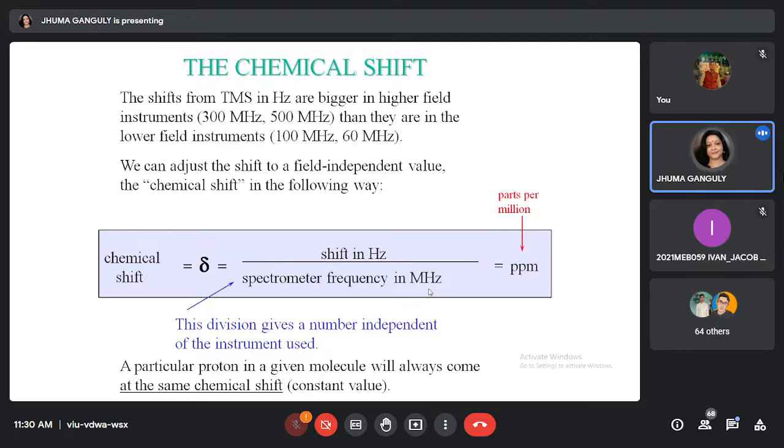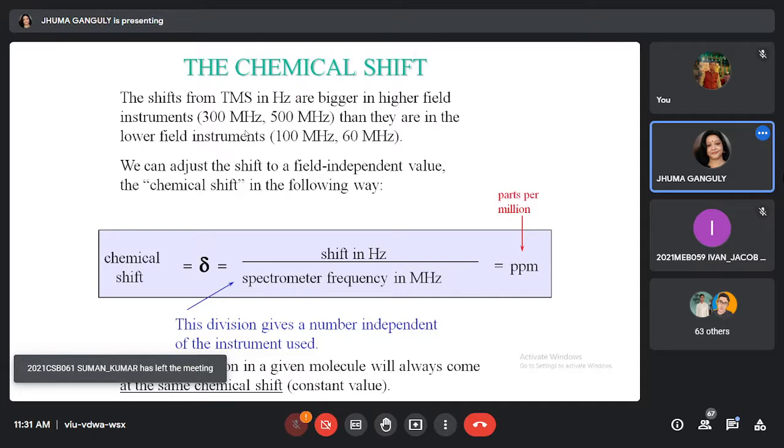I already mentioned instruments of 300 megahertz and 500 megahertz; the others are lower field instruments. Why is this? Suppose we use 300 megahertz and 100 megahertz instruments. The 300 megahertz instrument applies a higher magnetic field, so after the TMS resonates, the signal comes to the next proton.